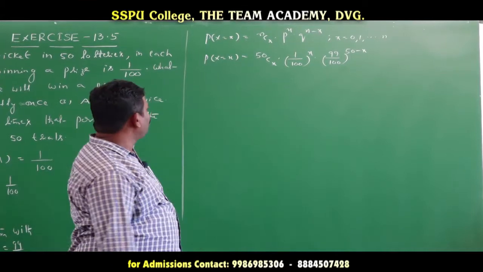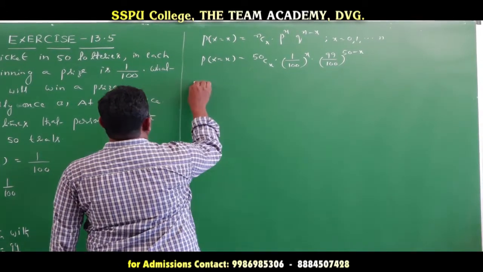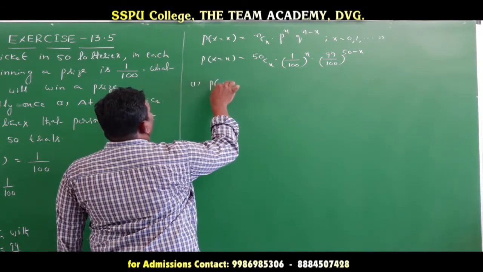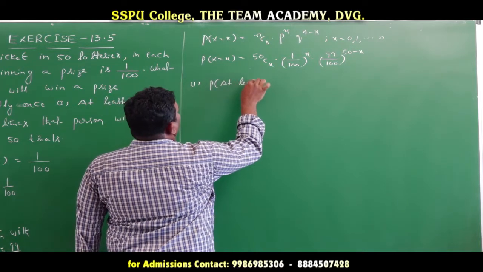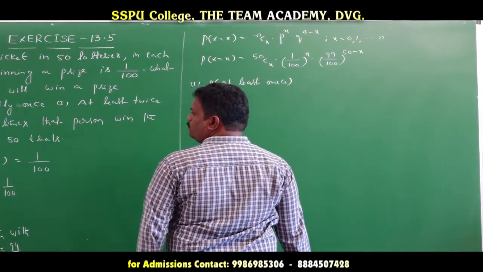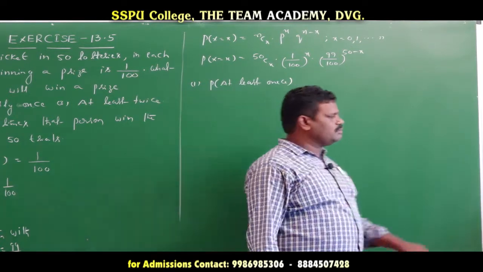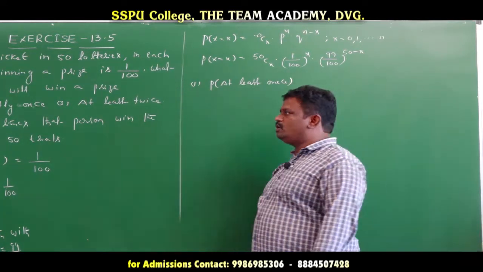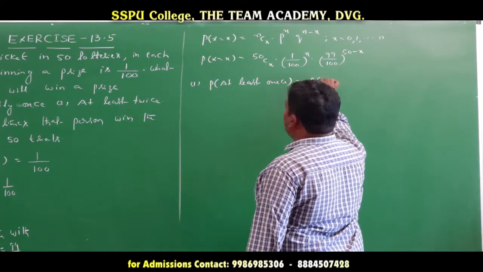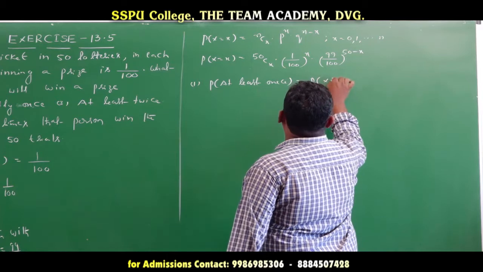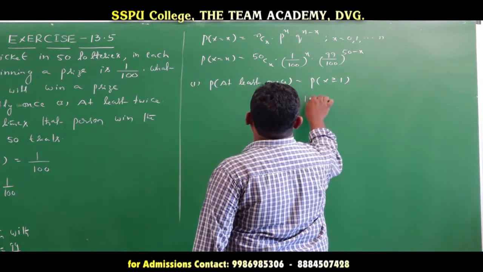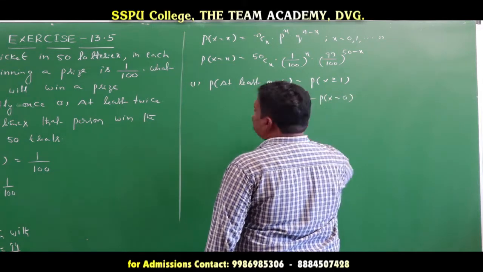Okay? Now if you want to find out the cases one by one, the first case is the required probability, the probability of at least once. Probability of at least once is 1 minus probability of x greater than or equal to 1, which is 1 minus probability of x is equal to 0.